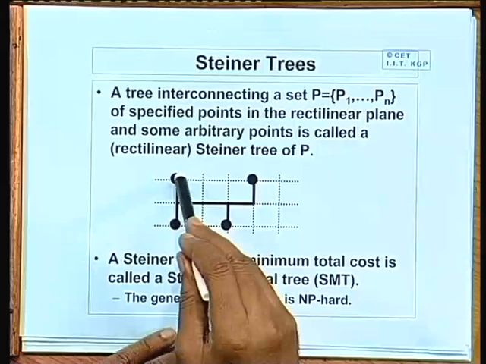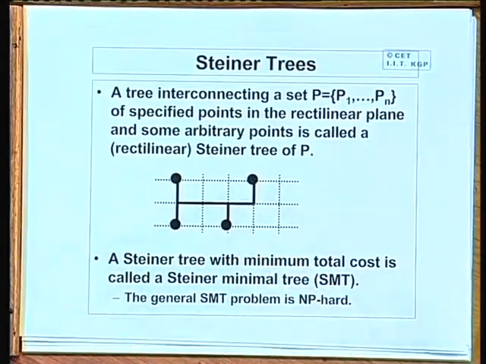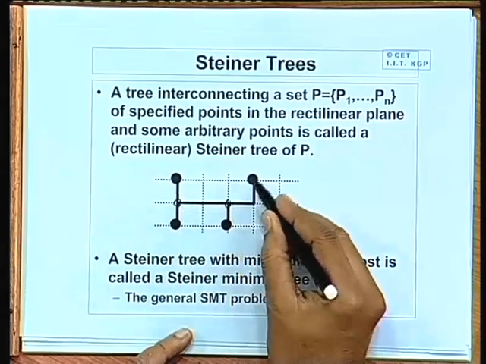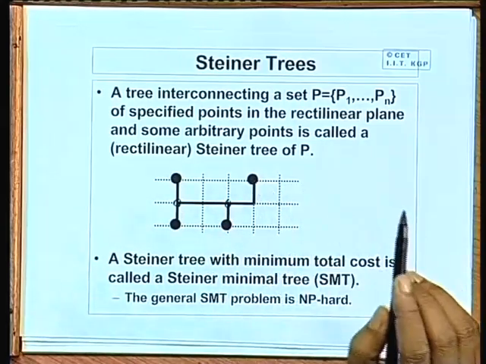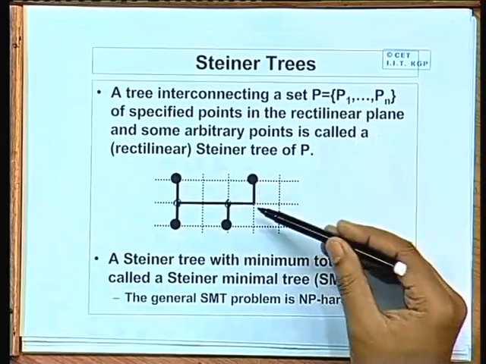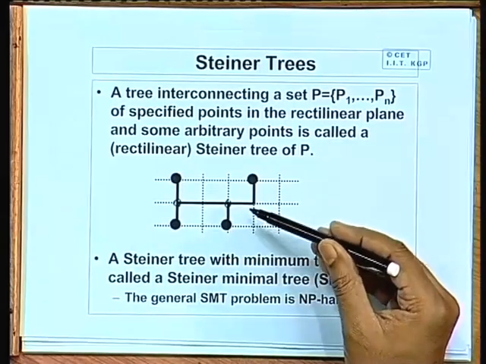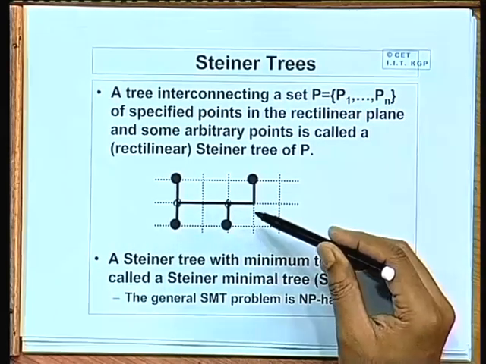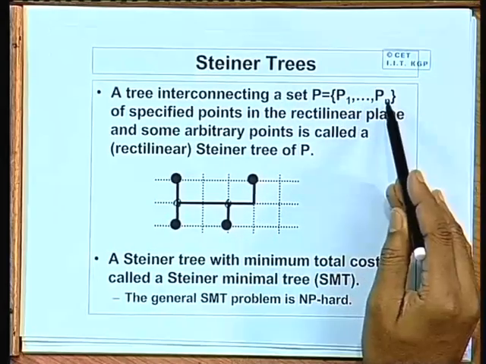A Steiner tree, if you recall, has connection segments as horizontal and vertical lines, and there can be some intersection points like here and here which are not one of the terminal points. Determining the best or minimum cost Steiner tree is an NP complete problem. So there are algorithms to find a good Steiner tree connecting a set of points.